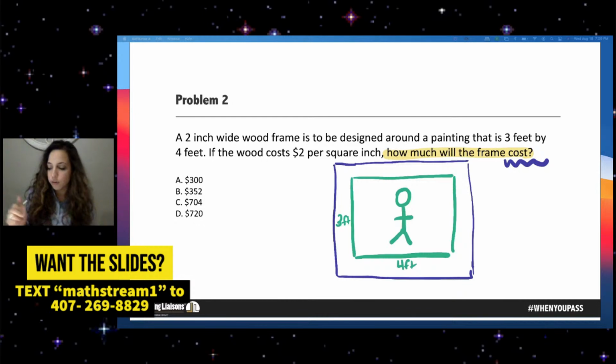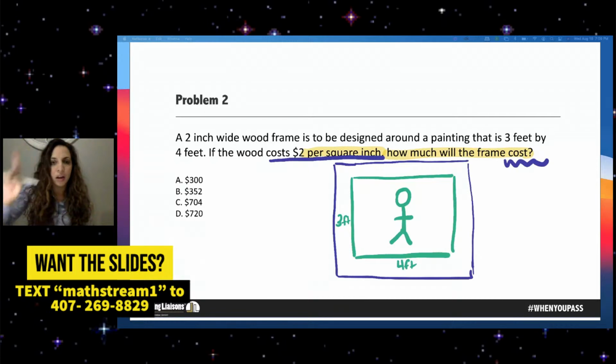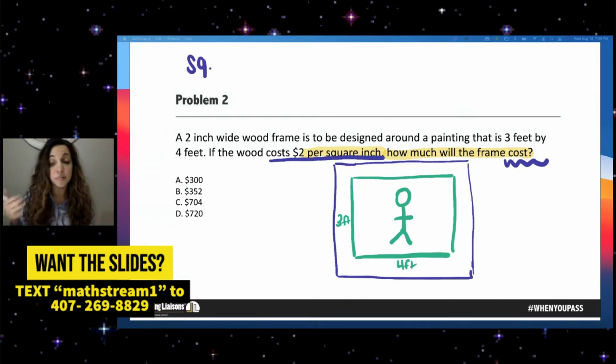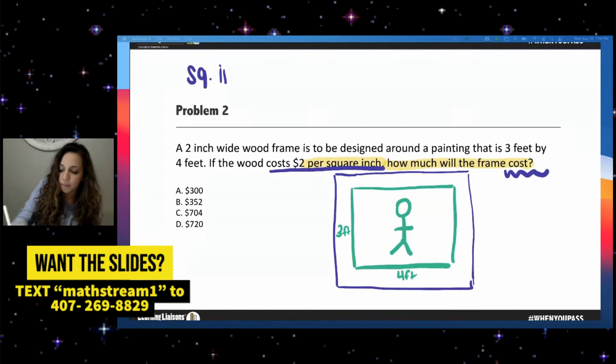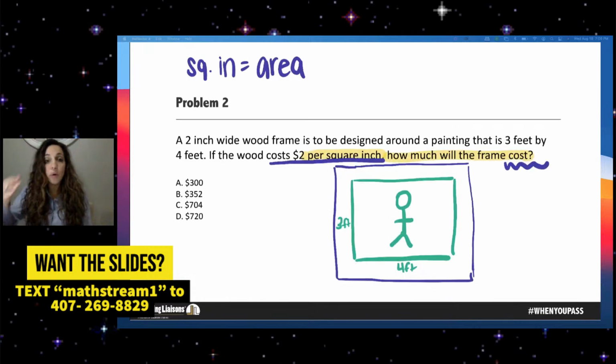But what other information did they give us? They told us it costs $2 per square inch. What do I know about square inches? Square anything, centimeters, meters, inches, miles, square anything is going to be area. If they give us square inches or square anything, it's going to be area.